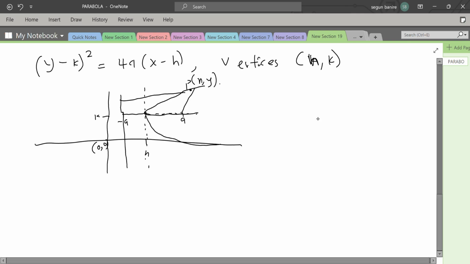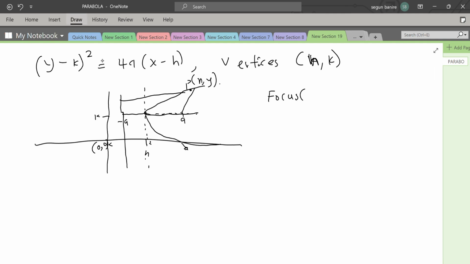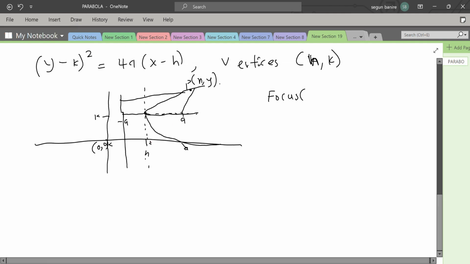So now to calculate your focus, the focus is from this origin to this point a. You know, from this point to this point, it is a. This whole place is a, while from this origin to this point, the whole thing is h.